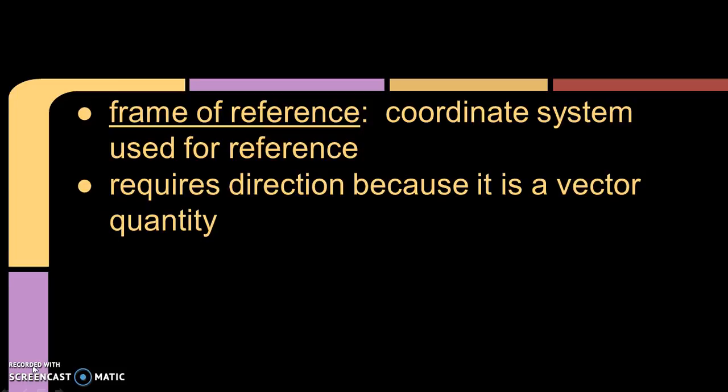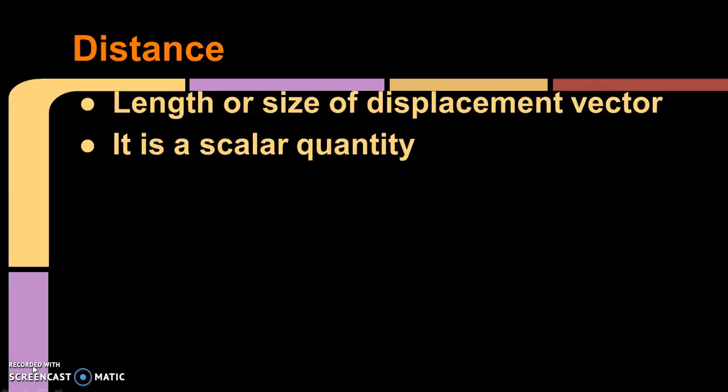For a frame of reference, a coordinate system is used to give the movement a relative basis, both in time and distance. It requires direction because it is a vector quantity. Distance is the length or size of a displacement vector, and it is a scalar quantity.